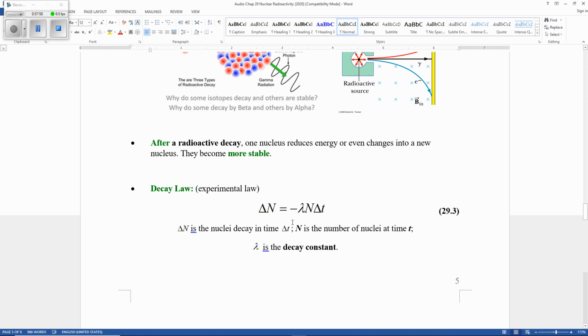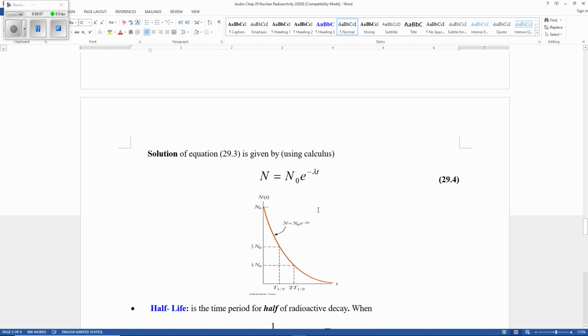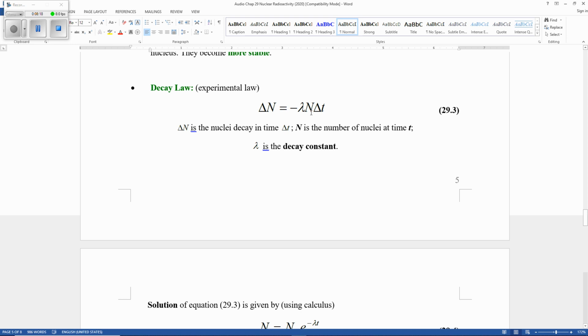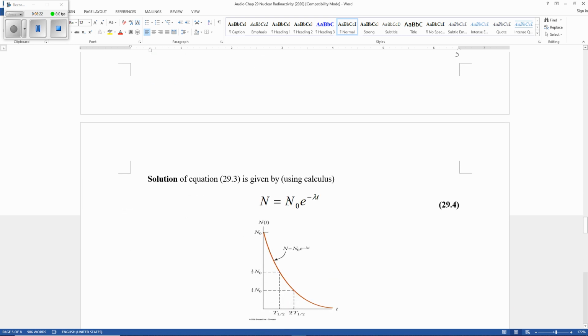Now this is really a differential equation. You can see dN and dt. If we solve it, we need calculus, so we're not going to do it. Here's the solution for the decay law. We got this: N sub 0 is the initial number before decay. Then the number is going to decrease.